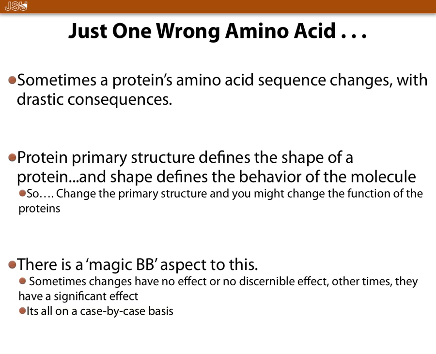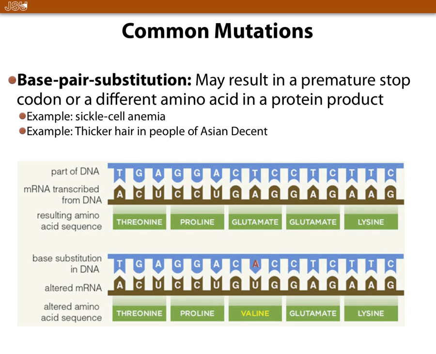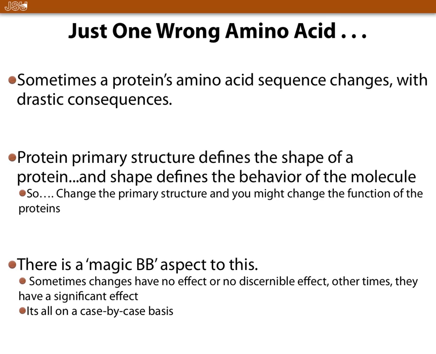Just a conversion or a base pair substitution. One base pair substitution can have, it's like a magic BB in a sense. You change one base, you run the risk, or there's a possibility, of changing the entire effect of that protein that DNA codes for.